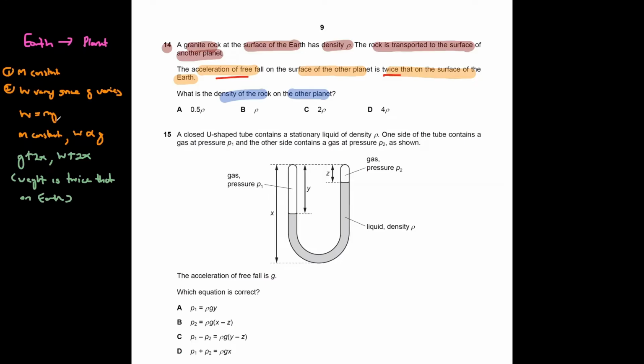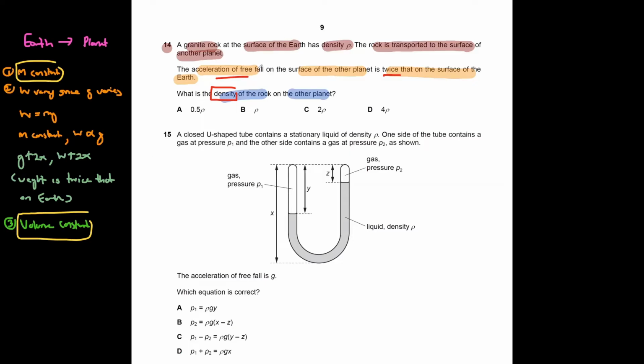But the question isn't really asking you about the weight. The question is really asking you about density, you see. So another thing that you can also say is constant when you shift your rock from Earth to another different planet is the volume. Volume should remain constant. It won't suddenly expand or suddenly shrink. So I need to make use of this information and this information to deduce my density.